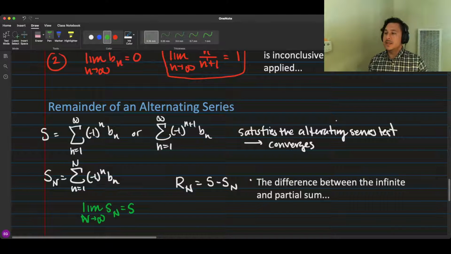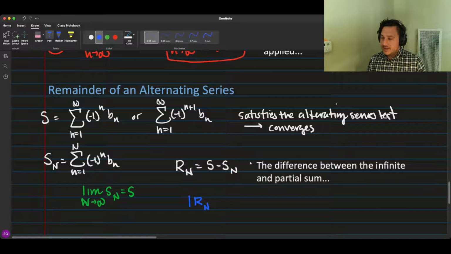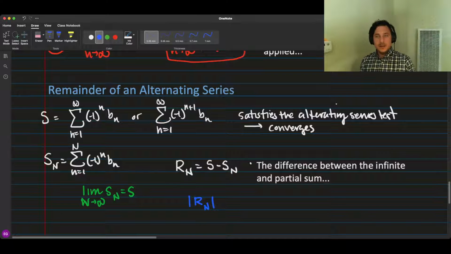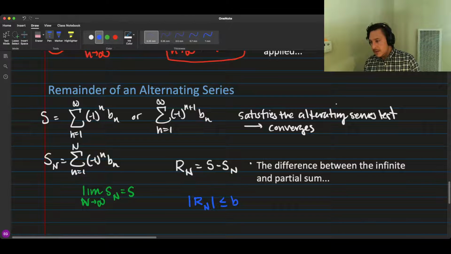And the alternating series has this nice fact that the absolute value of the difference between the series and the partial sum has to be less than or equal to B_(N+1).